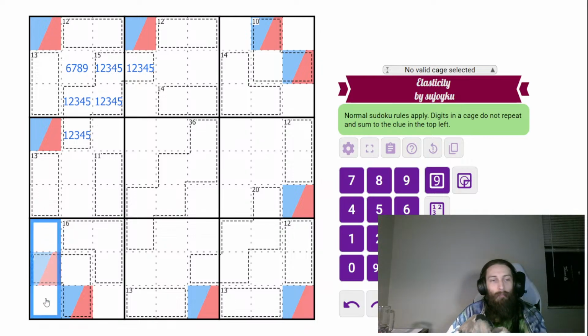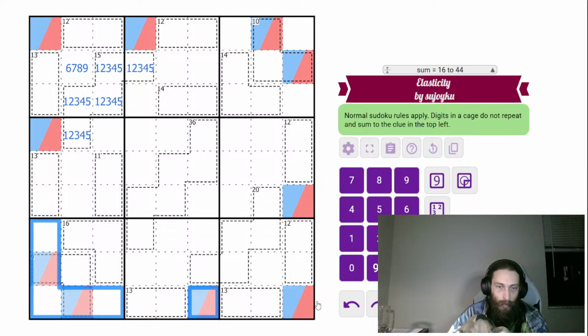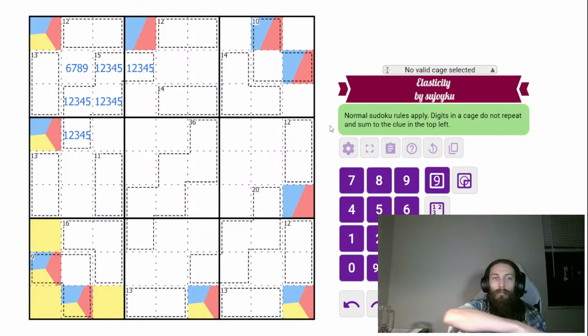If we look at 3, it gets interesting, but not useful yet.